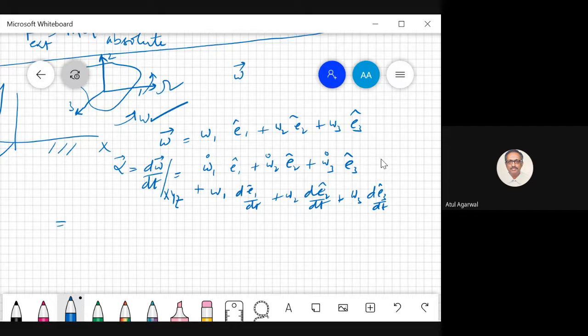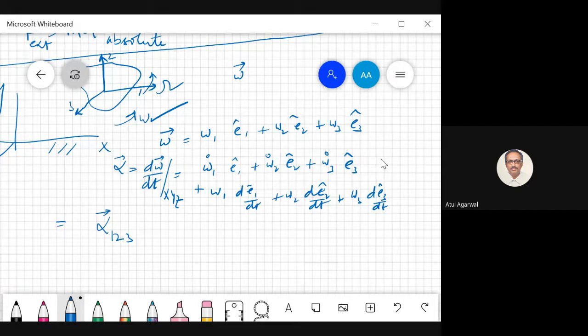Now omega 1 dot, omega 2 dot, omega 3 dot. So this you can say is alpha 1 to 3.